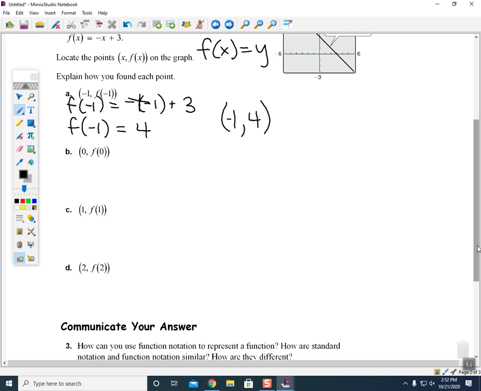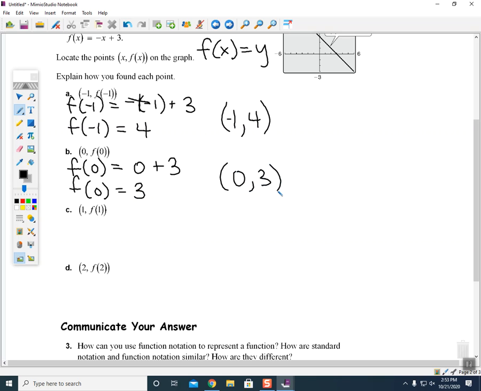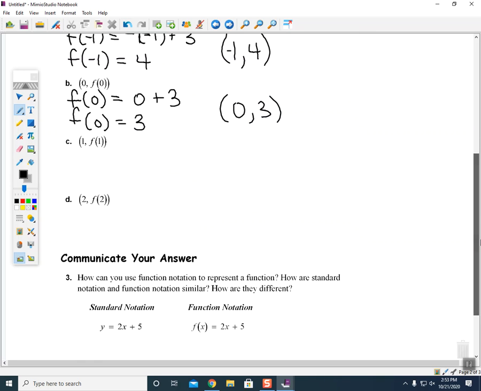So I'll do the same thing here. f of 0 equals 0 plus 3. So f of 0 equals 3. My point for this one is (0, 3). It's very straightforward. Don't overthink it. f of 1 now.